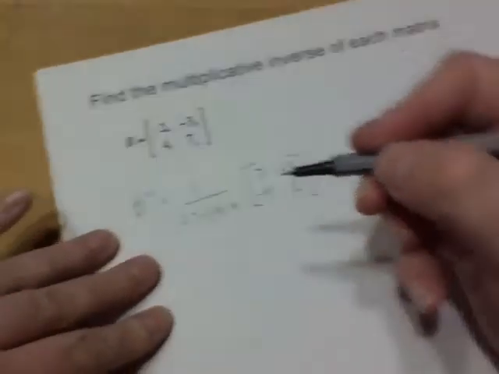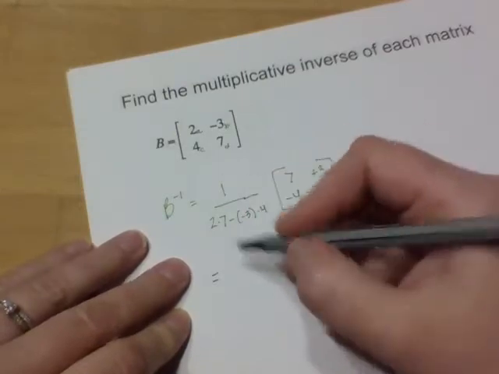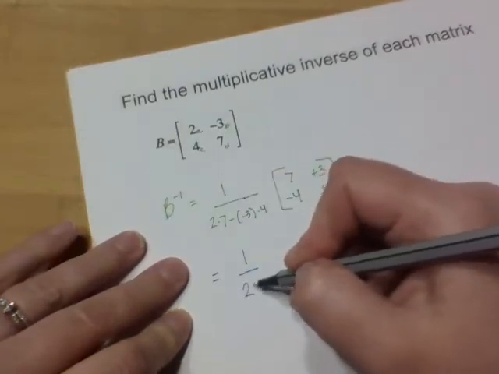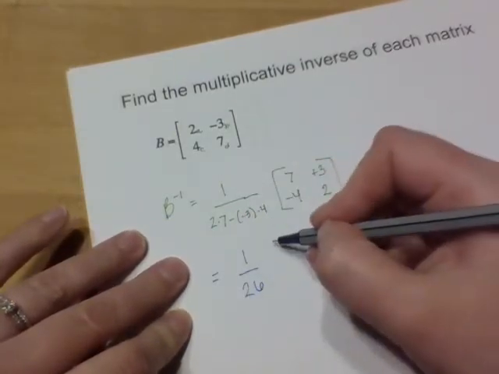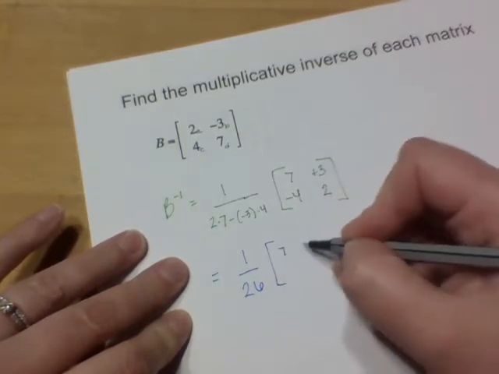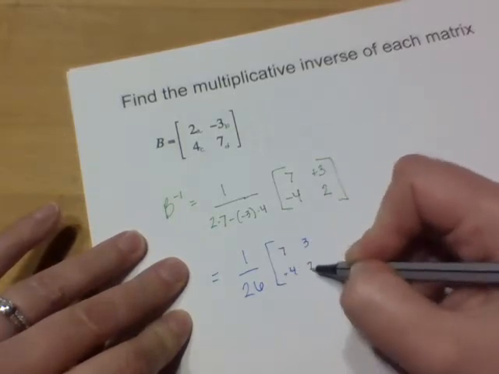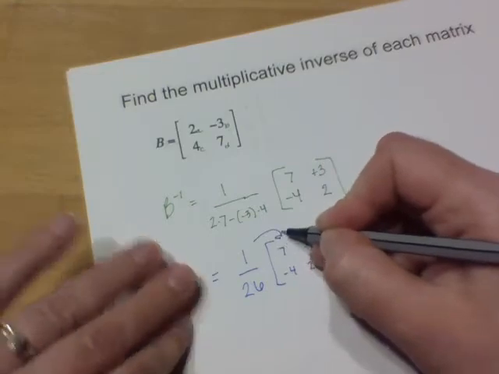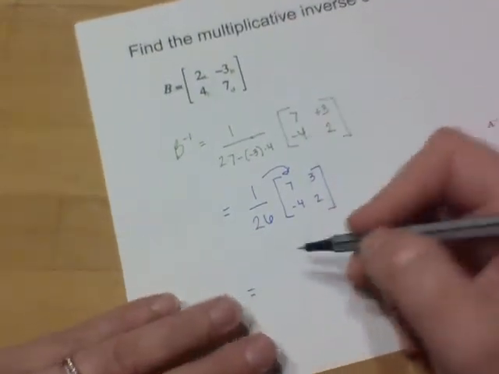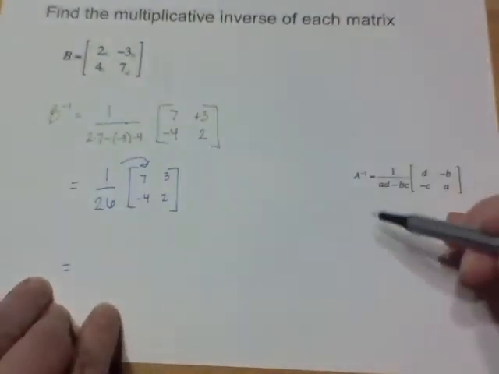So that means that our inverse matrix is going to be 1 over 26, as we had in the previous example. And then that is going to be multiplied by each of these pieces. It's kind of ugly, but it's an inverse, kind of like over in our example here that I did.